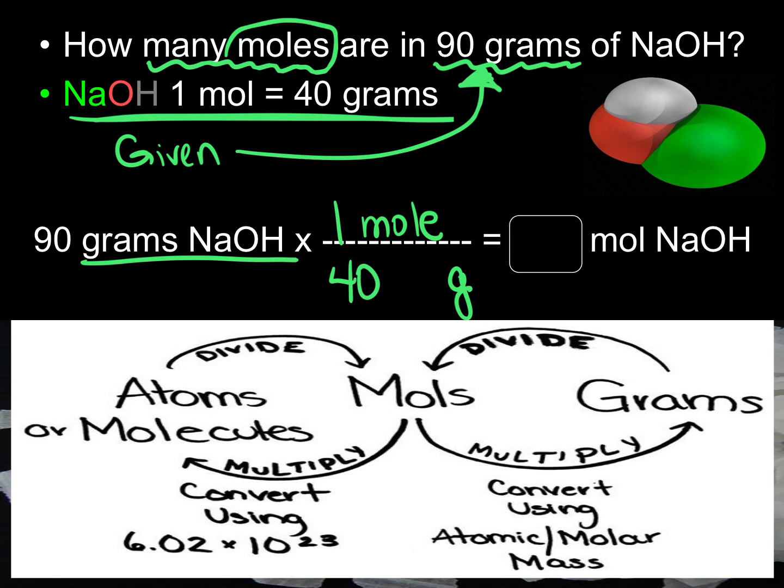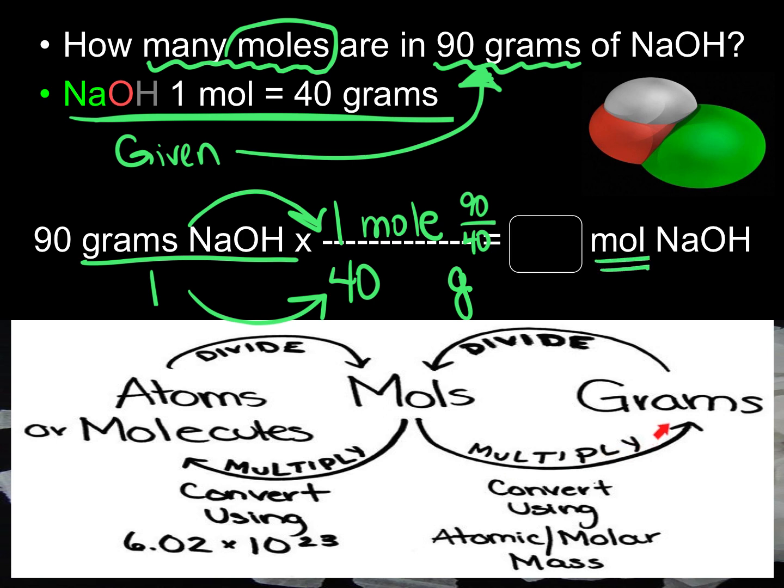So you can see that what we have here is that we've got 90 grams of our material, and we're going to divide by the 40 grams. Because remember, we multiply across, so 90 times 1 would be 90 divided by 40. So 90 divided by 40, that's going to tell us how many moles we have.